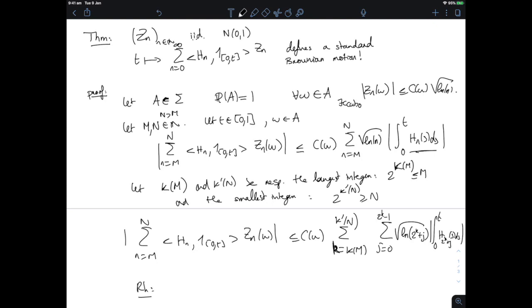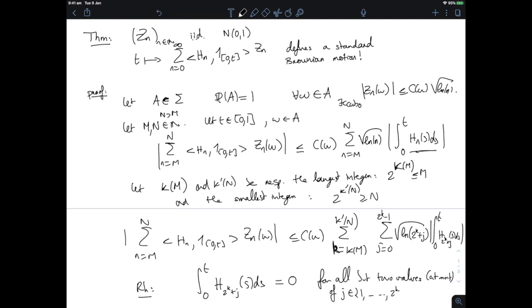So remark: the integral from 0 to t of H_{2^k+j}(s) ds is 0 for all but at most 2 values of j between 0 and 2^k minus 1. So for k in N and t in [0,1], this is 0 for all but 2 values of j.